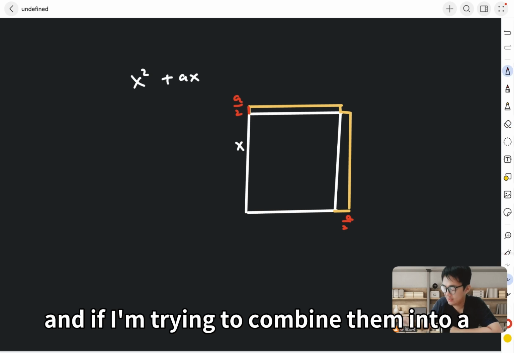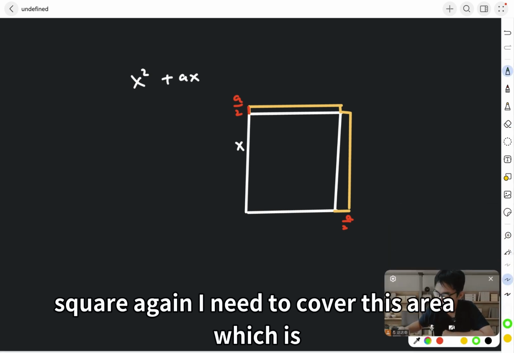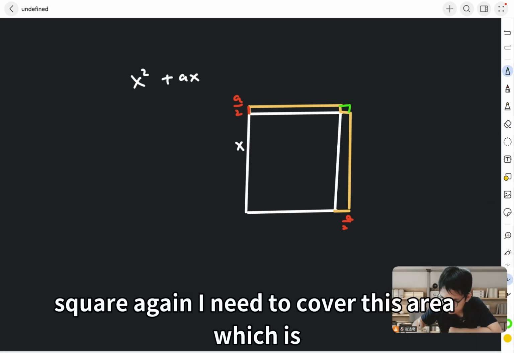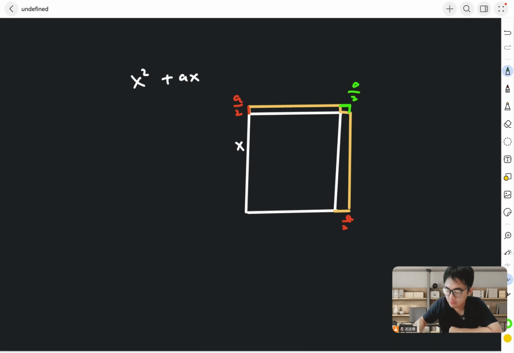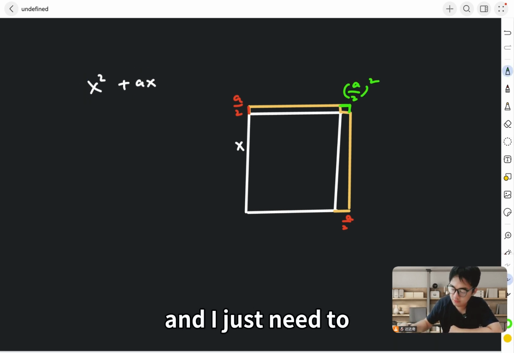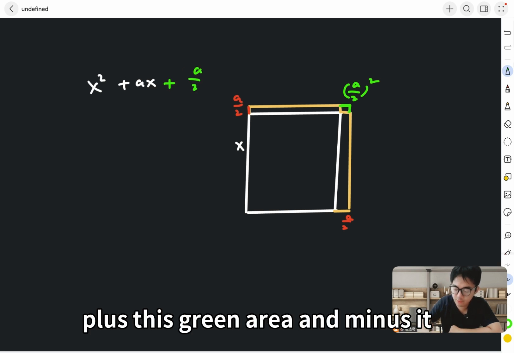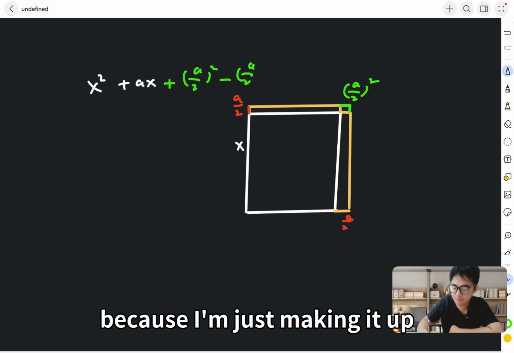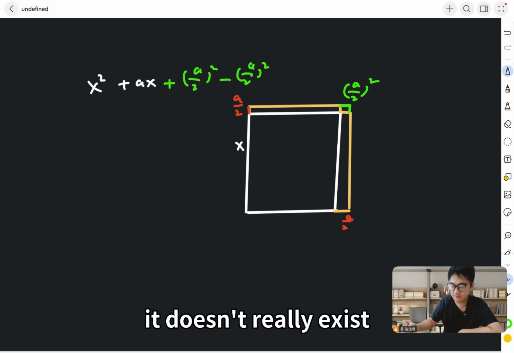And if I'm trying to combine them into a square again, I need to cover this area, which is a over 2 squared, and I just need to plus this green area and minus it because I'm just making it up. It doesn't really exist.